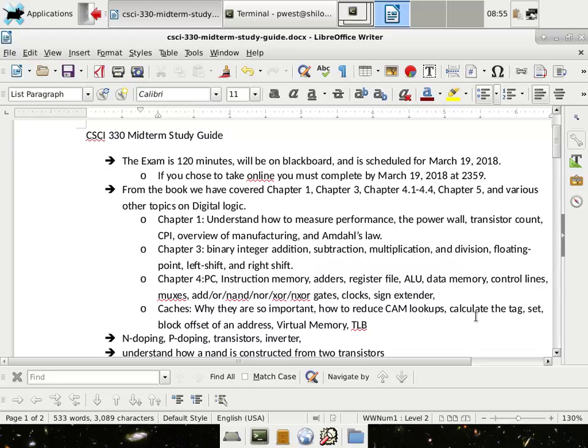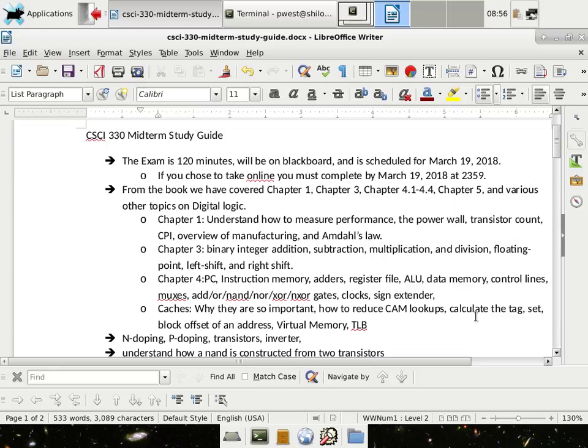A VW bus outracing a DeLorean. It can travel through time, but can't go down the road. It goes 88 miles per hour, and that's as fast as I need to go. I don't plan on going faster than that.